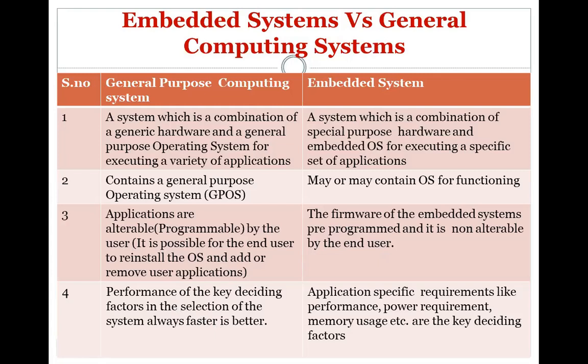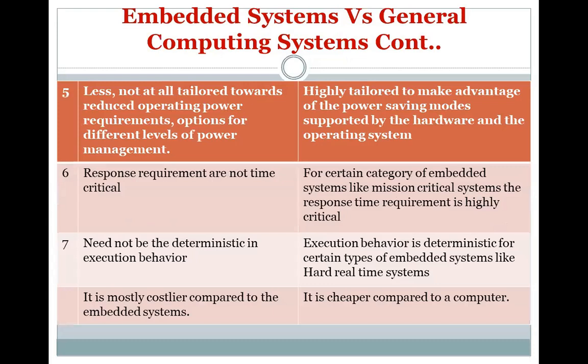Performance of a general purpose computing system depends on how fast the general purpose computing is working. That is the key deciding factor. Whereas in the case of embedded systems, application specific requirements like performance, power requirement, and memory are all deciding factors.